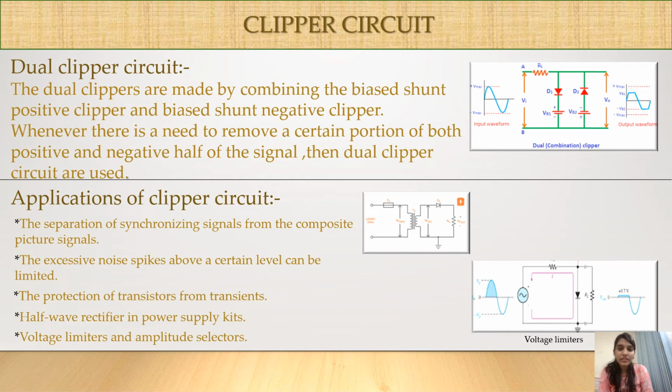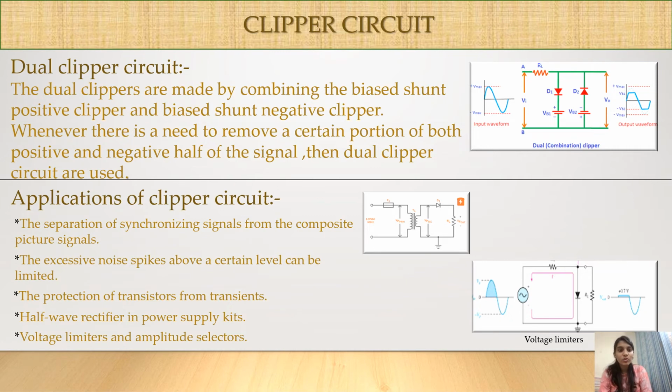Now let us look at the circuit of a dual clipper. During the positive half of the input cycle, diode D1 gets forward biased due to the supply voltage, and at the same time diode D2 is in reverse bias due to both the supply voltage and battery potential.